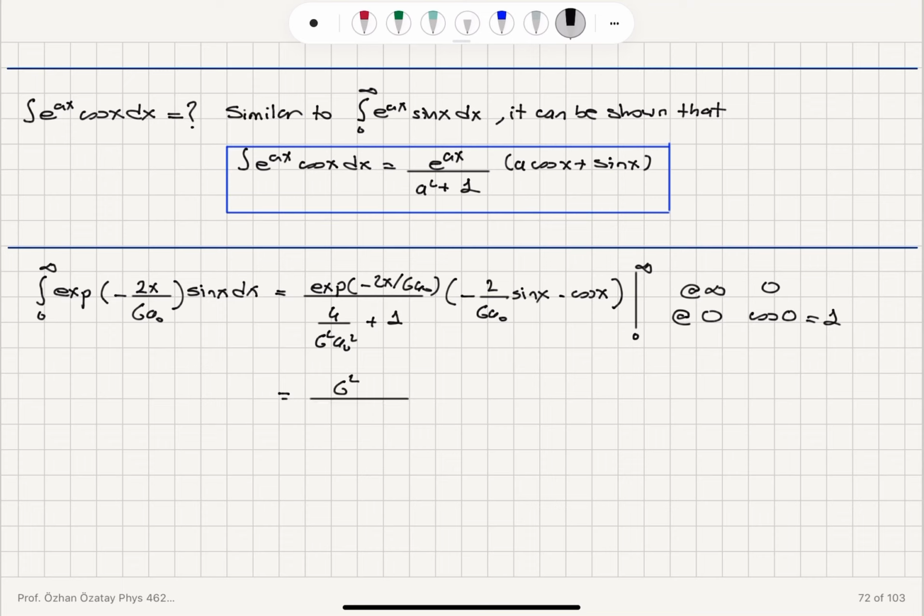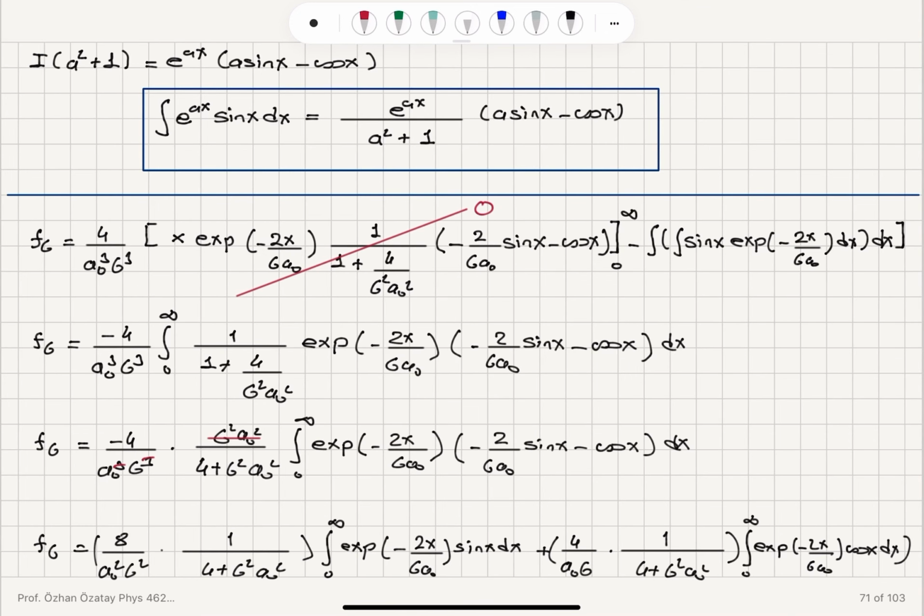Okay, so we have evaluated at infinity, it is 0. Minus, this becomes plus, this becomes plus, then cosine 0 is 1, exponential 0 is 1, this term goes away, and then we have this g square a0 square divided by 4 plus g square a0 square. So that is basically this part.